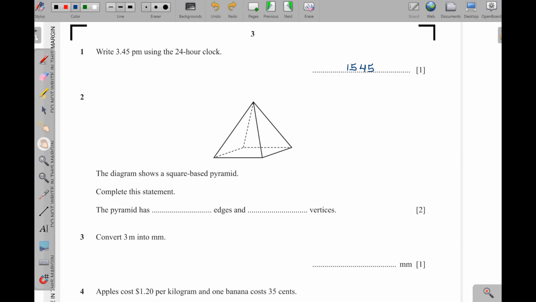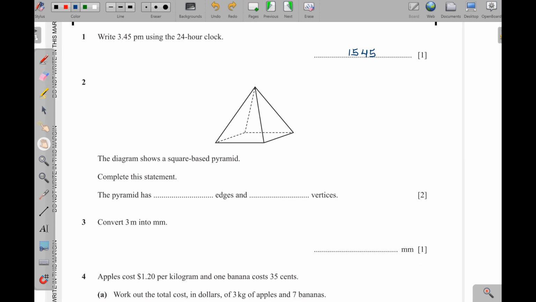Okay. Then question 2, the diagram shows the square-based pyramid. So this is a square as the base, and then complete this statement. The pyramid has dash edges. So the edges, we look at the straight sides.